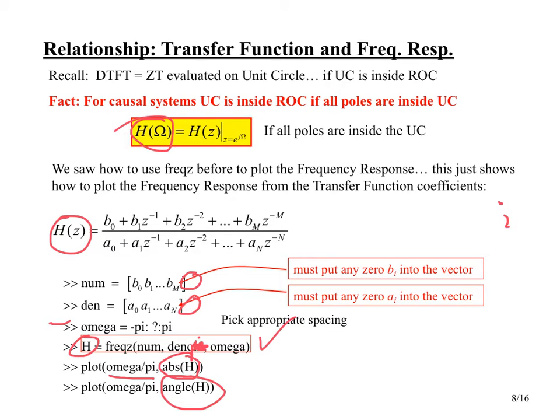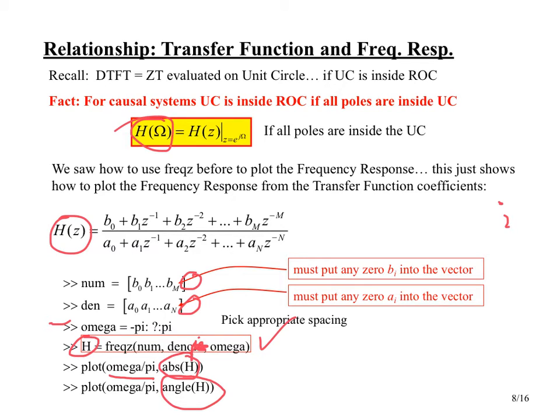So we're not doing art in this class. We're doing science and math and engineering. Well, math and engineering anyway. And so we want plots, not art. So make sure you label your axes. Otherwise, it's just art. Not that there's anything wrong with art, but it just doesn't belong in our engineering results.